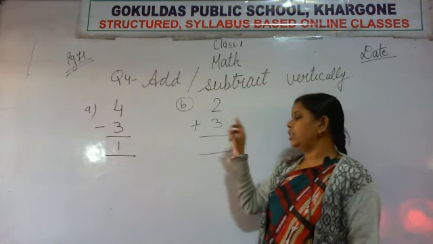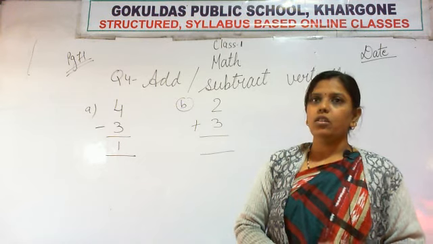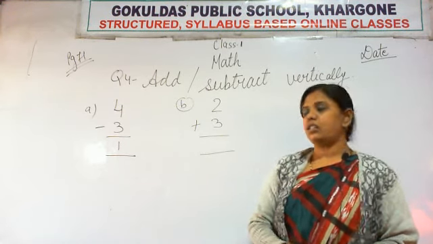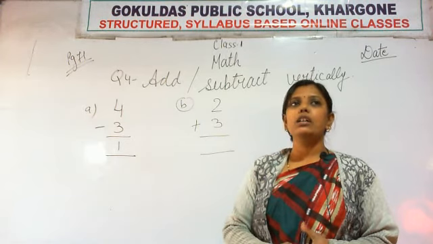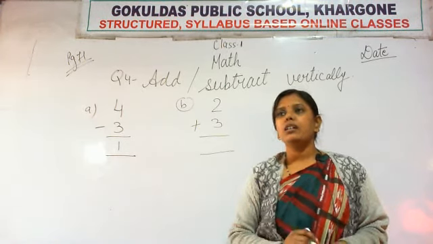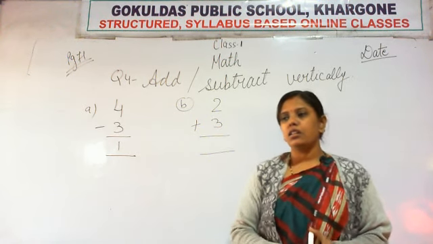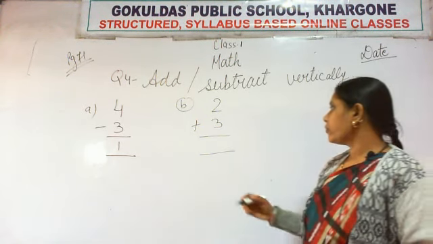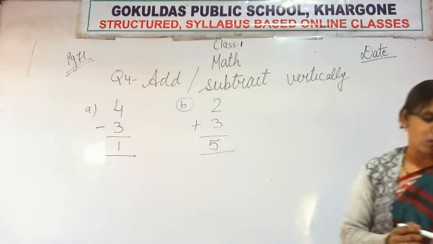So to add, first take out 2 fingers, all of you take out 2 fingers. Now the next number is 3, so take out 3 more fingers. So 2 fingers and 3 fingers. Count all the fingers. 2 plus 3 will be 5. Copy it fast.